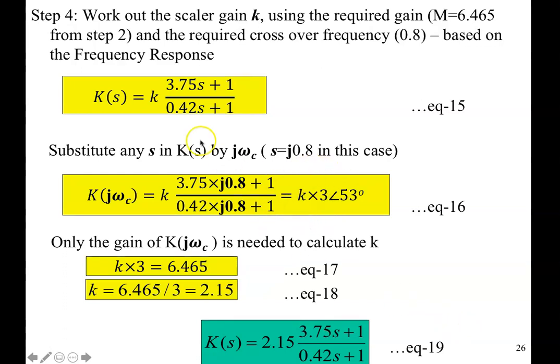Now to find this k, I don't need the angle here. The angle is what I designed for, so I'm not too worried about it. The only thing I need is this magnitude. I want k times 3 to equal the M value I worked out in step 2.